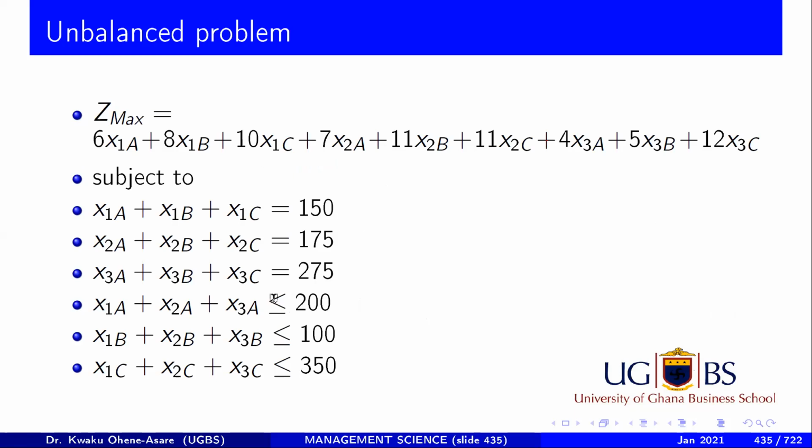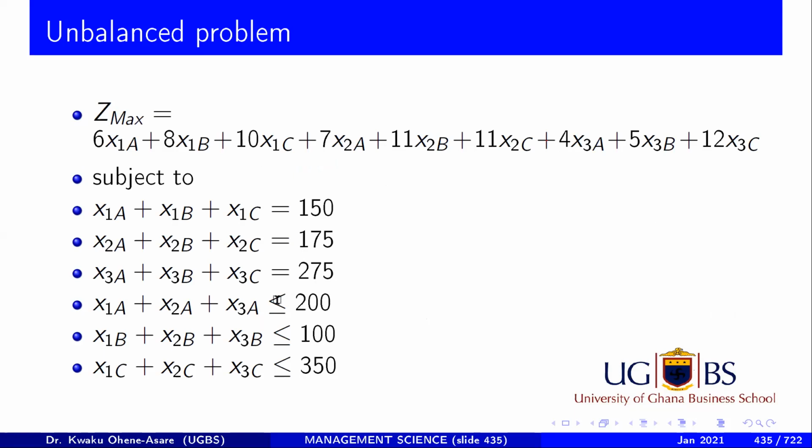Now, why should it have less than or equal to? Ideally, it should be equal to, but why less than? Because the total amount that is going to be supplied is 600, and that total amount that is going to be supplied is less than the total that will be demanded. That's why you've got to bring the less than or equal to.